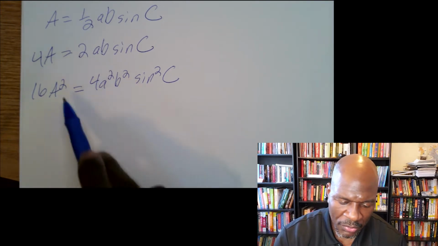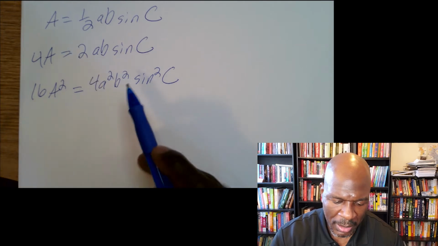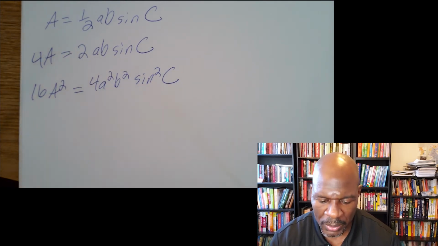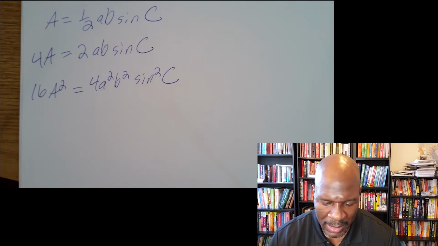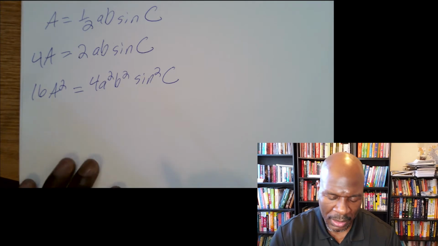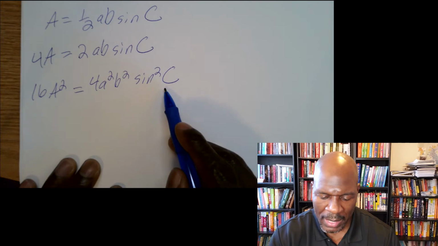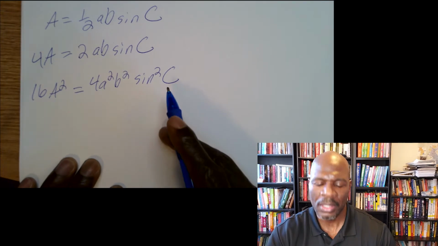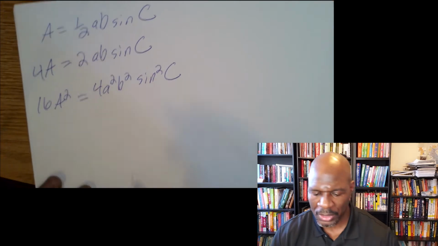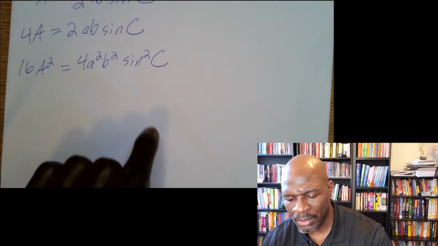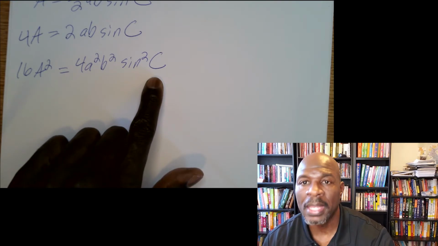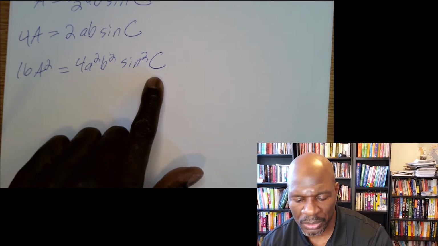And multiplying by 4, which made this a 2, made this number a good perfect square when I squared it. So now I'm going to utilize the Pythagorean identity where sine squared C is 1 minus cosine squared C. Now I know what you're saying, you still haven't got rid of angle C, but I'm working to it.